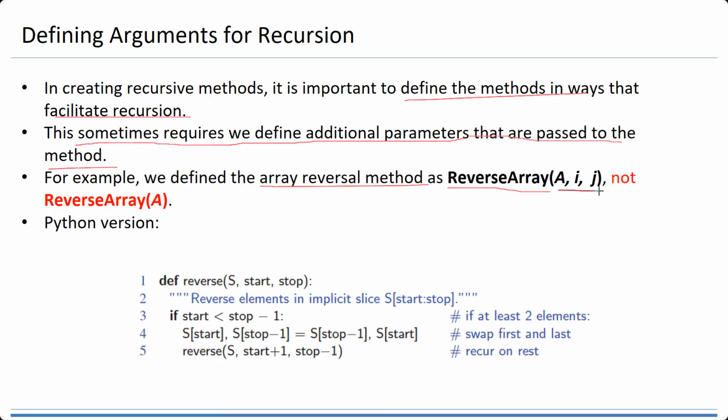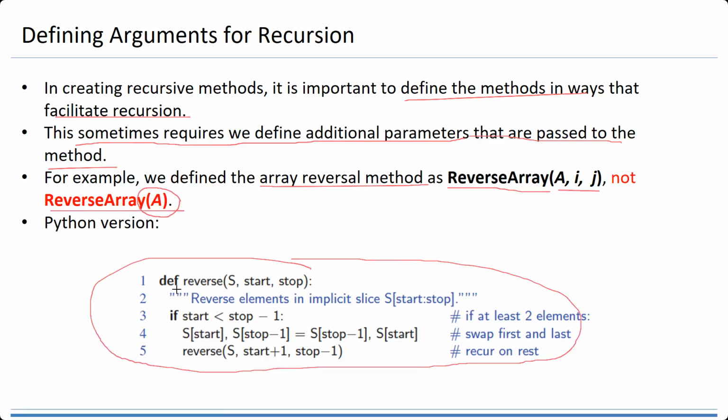It is for the convenience of doing the recursion instead of only reverse array A. If you use only the array A like this one, then we may have some difficulties doing the recursion. So the Python code will be like this one.